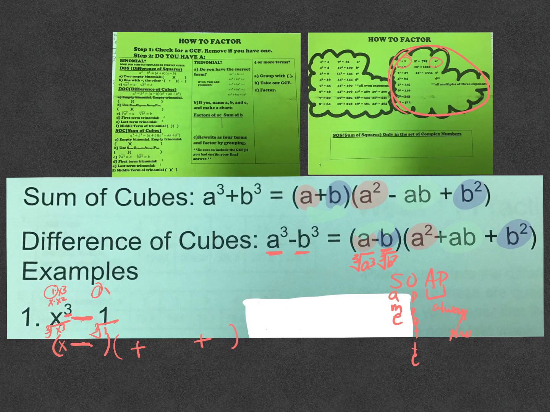Take the cube root of 1, that's 1. To find what goes here, you square this, x squared. To find what goes in the last spot, you square this. 1 squared is 1. Then to find what goes in the middle, you multiply x times 1, and that's just x. And that's the answer to my difference of cubes.